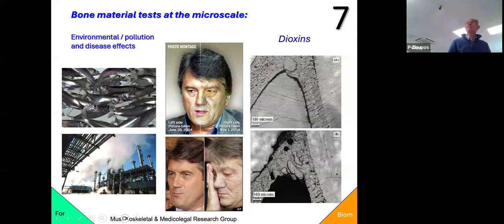He has been poisoned by dioxins probably. Most certainly. And that's the effect of these chemicals on the human body, right? I think he's still alive, and I can't remember his name. Was it Timoshenko or Poroshenko? I can't remember one or the other. So there was this president of Ukraine, has been poisoned then, and that highlighted what can happen if you get a huge dose of dioxins in your body.